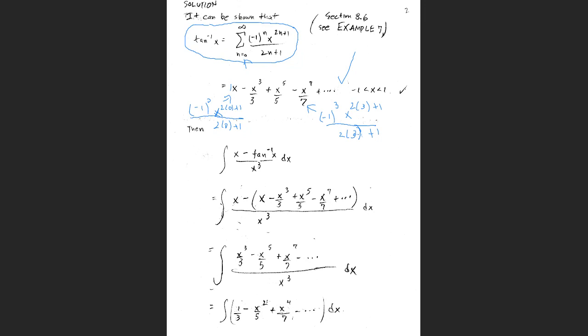And that's going to give you the negative x to the 7th over 7. Okay, so just going to highlight those two. Nothing strange here.